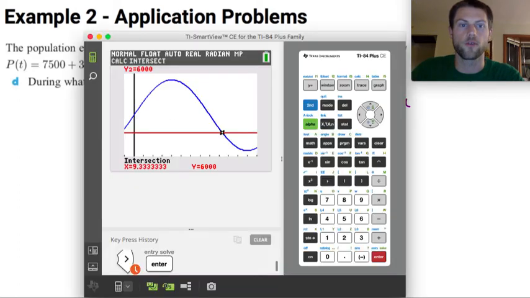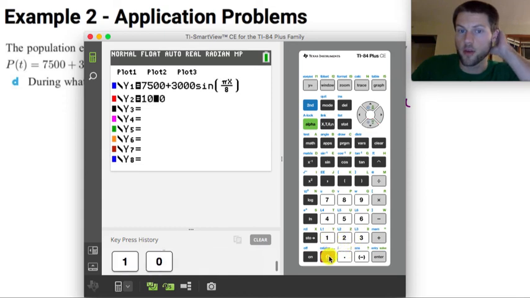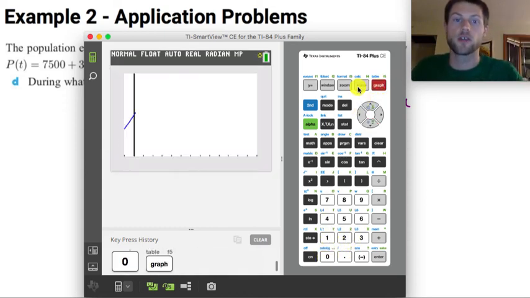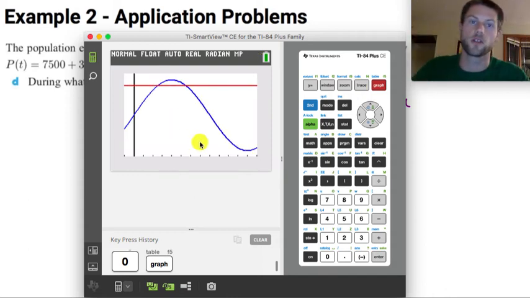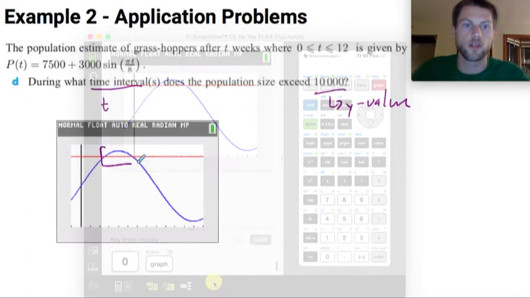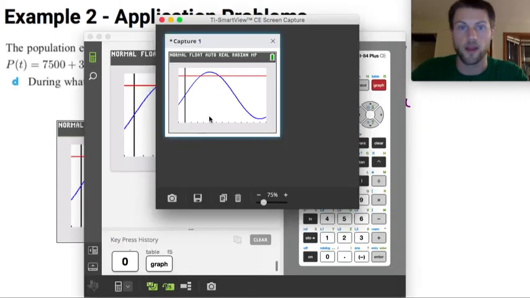I'm going to graph the y value of 10,000 this time and compare it against my graph to see for what weeks my graph is above this line. I'm interested in this area, so this is my interval. It's basically from this x value to this x value. So I need to once again find those intersections and describe that as an interval.